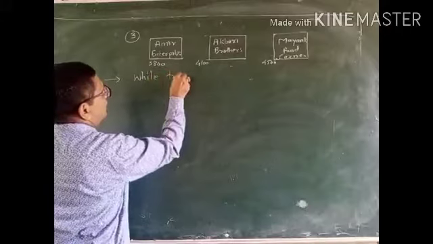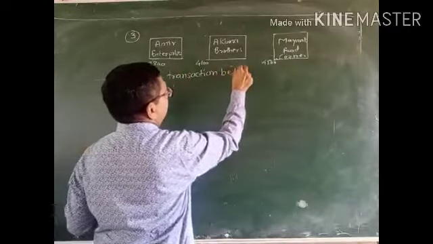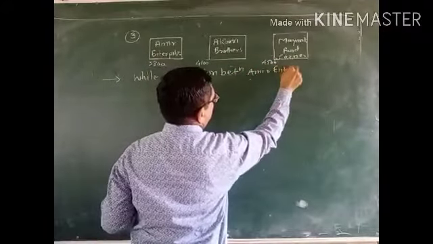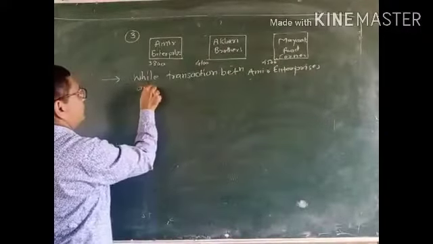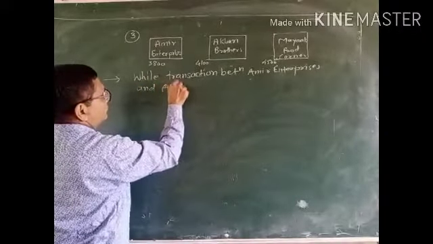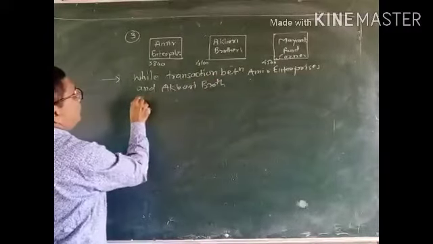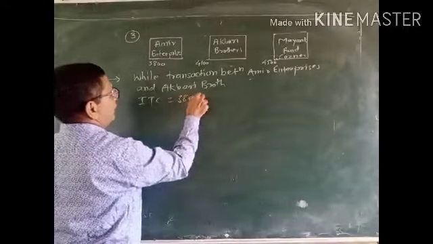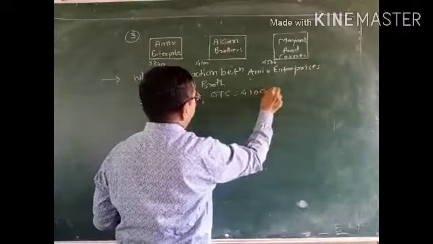While transaction between Amir Enterprises and Akbari Brothers, ITC is equal to 3,800 rupees. OTC is equal to 4,100 rupees.